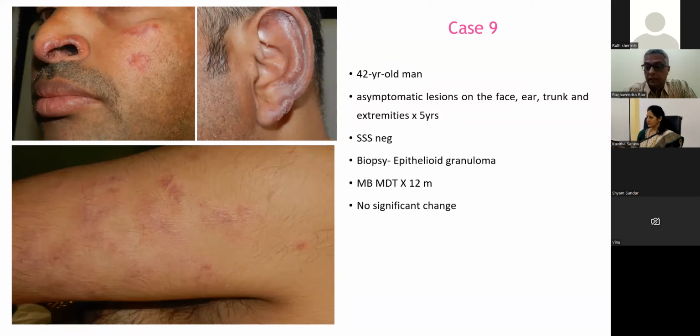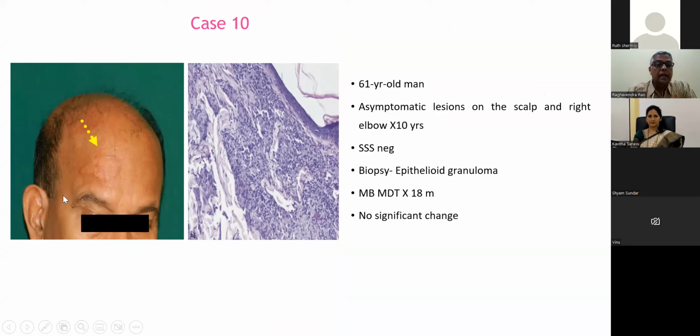So we evaluated the patient, and almost simultaneously, we also happened to see another man who had almost similar history. He's a retired bank employee, and he had very annular looking erythematous lesions on the forehead, on the occipital region, and a few lesions on his right forearm.